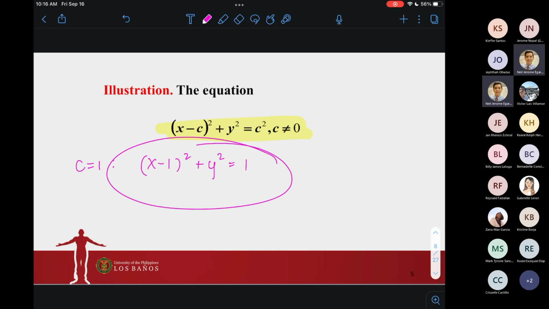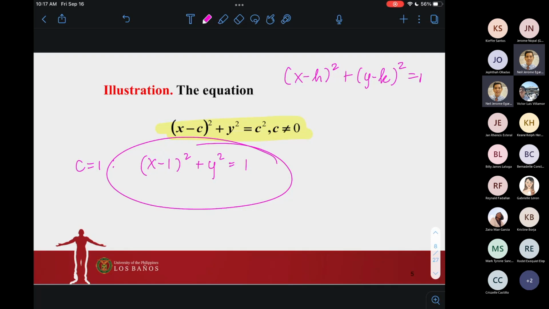Tingnan, kung tandaan niyo pa yung analytic geometry. Yes, Victor, when we say unit circle, that's a circle with radius 1. Yeah, that's what I'm looking for. Thank you, Rensis. Siya yung unit circle whose center is at (1, 0). Remember, ang general form niya, (x minus h) squared plus (y minus k) squared equals r squared.